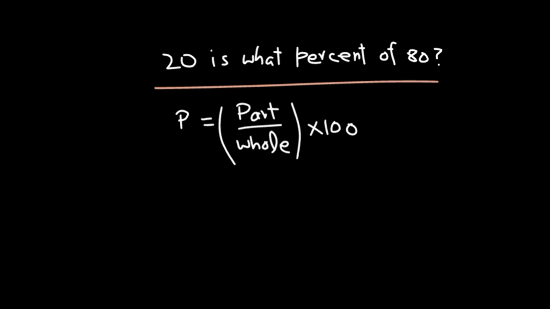So now we have 20 over 80. P is equal to 20 over 80 multiplied by 100.